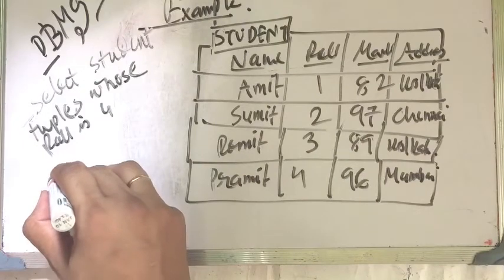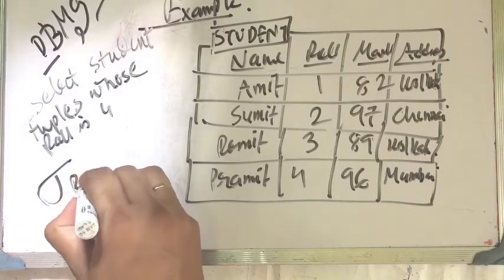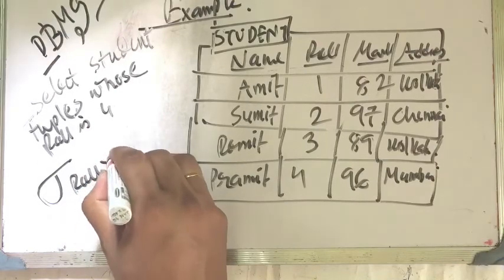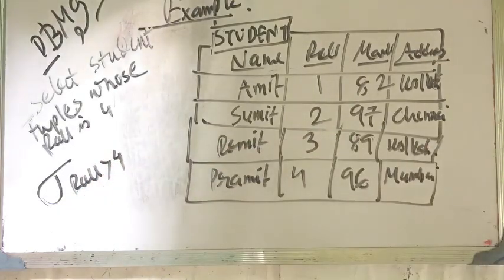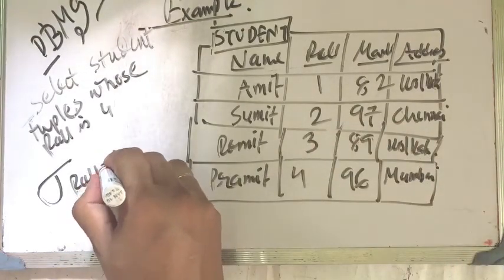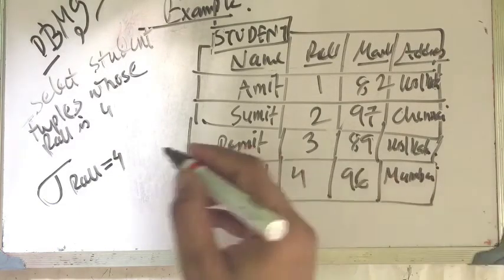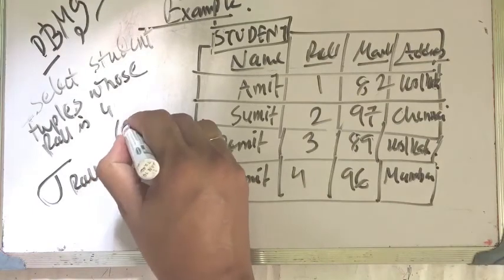Then the query in algebra is sigma, and the condition is roll equal to 4. We can use any relational operators: greater than, less than, equal to. In the case of marks, you can use greater than, something like that. Here roll is equal to 4, and the table name is student.